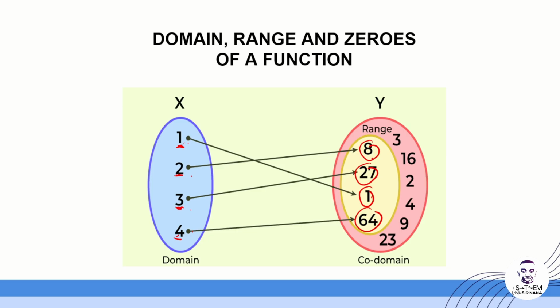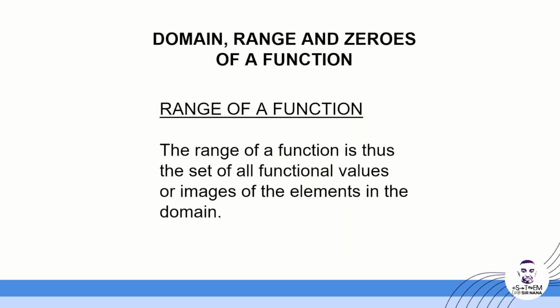We can have a codomain that consists of all other capitals, but the range will be the specific capitals whose countries we have in the domain. So the range of a function is the set of all functional images, or functional values, of the elements in the domain.